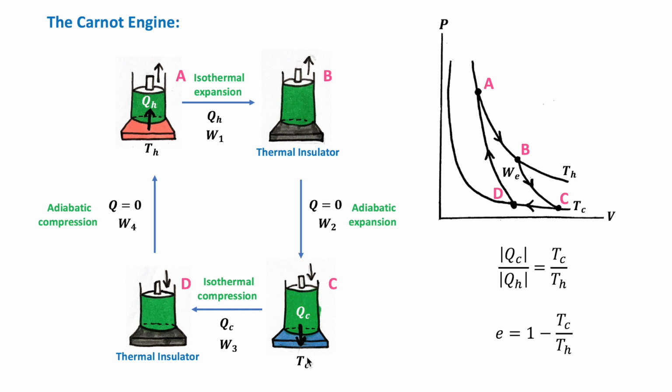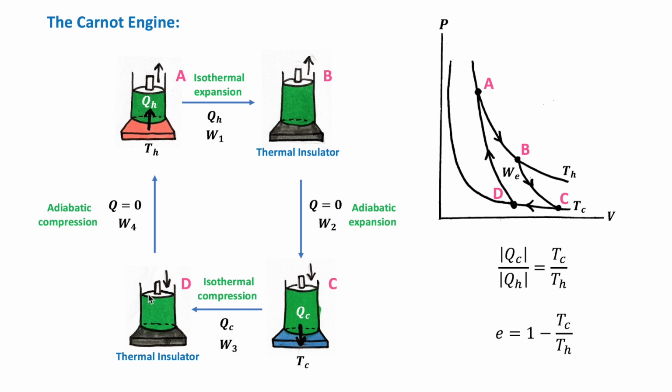During the isothermal compression, the gas will expel an amount of heat QC to the reservoir to maintain its temperature at TC, and the work done on the gas is W3.